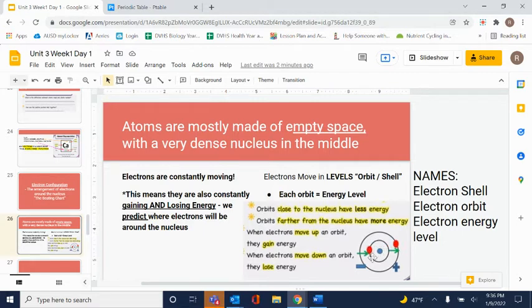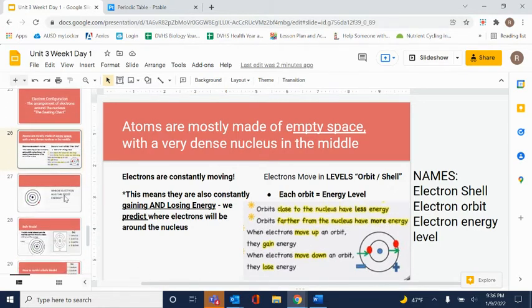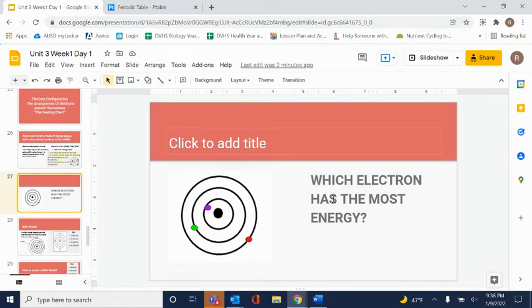And the first little circle around it, that's the first orbit, that's a weak energy level, okay? But as you get further out to the outer ring, if you're further away from the nucleus, you have more energy. Okay, so if I say, for example, right here, which electron has the most energy, purple, green, or red?